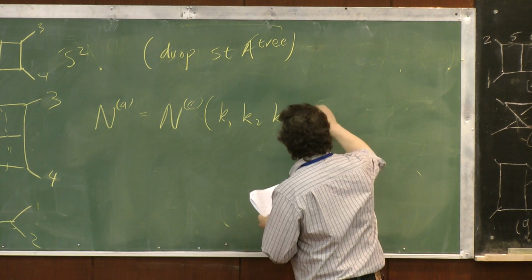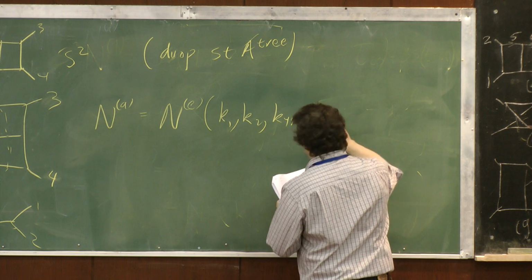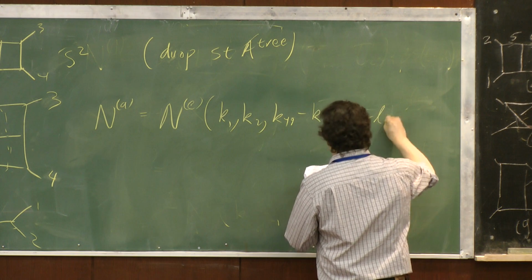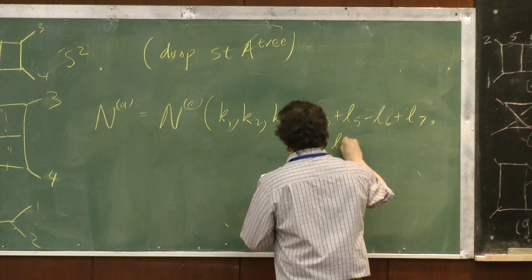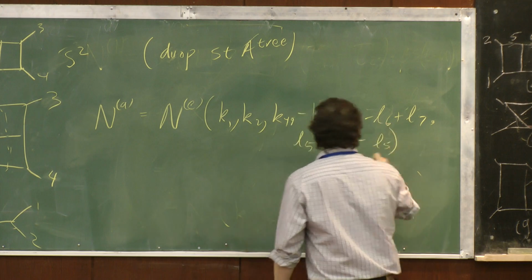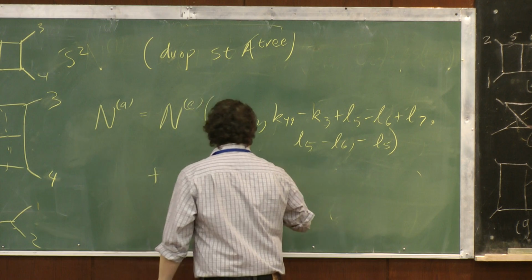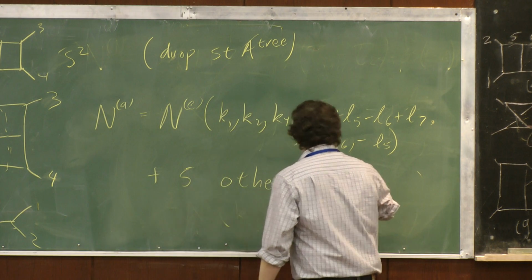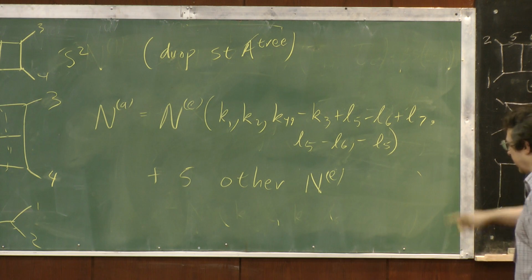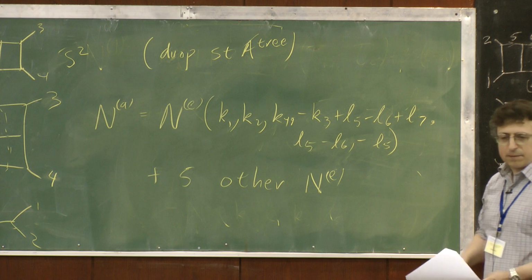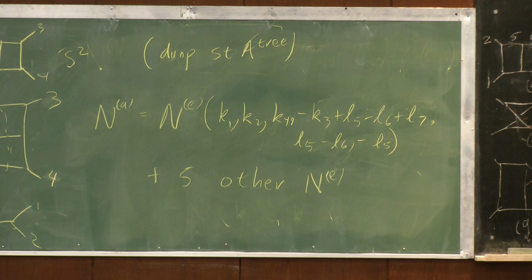And then minus, comma, comma, minus K3 plus L5 minus L6 plus L7, and then L5 minus L6 minus L5. And then plus 5 other NEs. By the way, this is going to be in a paper that's coming out hopefully in just a couple days. You can look up the details. The paper's on 4 loops, but we explained 3 loops. And this is basically out of the paper.